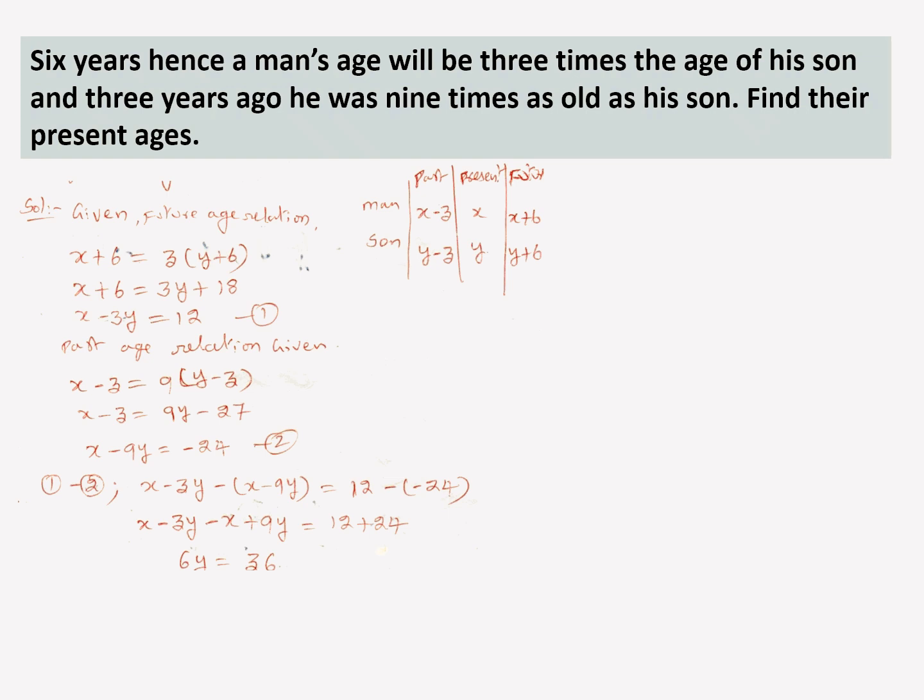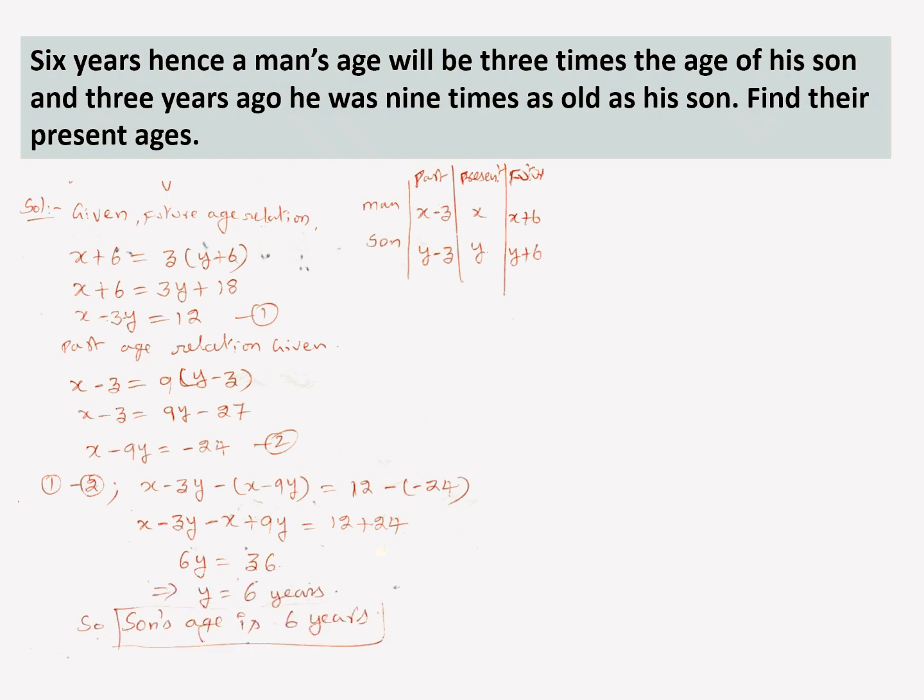X minus 3y, minus x, minus minus plus 9y equals 12 plus 24. So here x cancels, 3y from 9y, so it becomes 6y. 6y equals 36, so y equals 6 years.